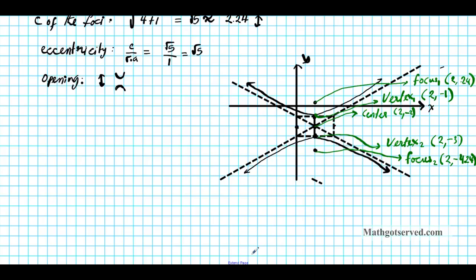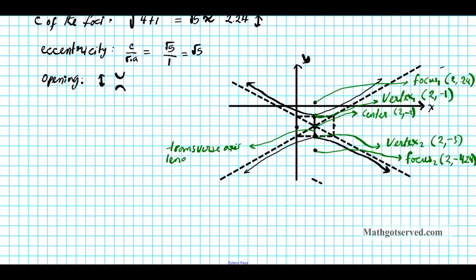That's focus 2. Next thing we're going to label is the length of our transverse axis. We'll put that to the left: transverse axis length. How long is it?